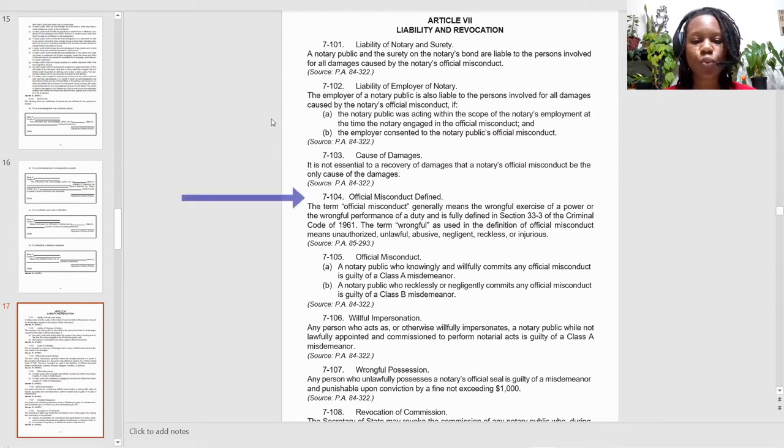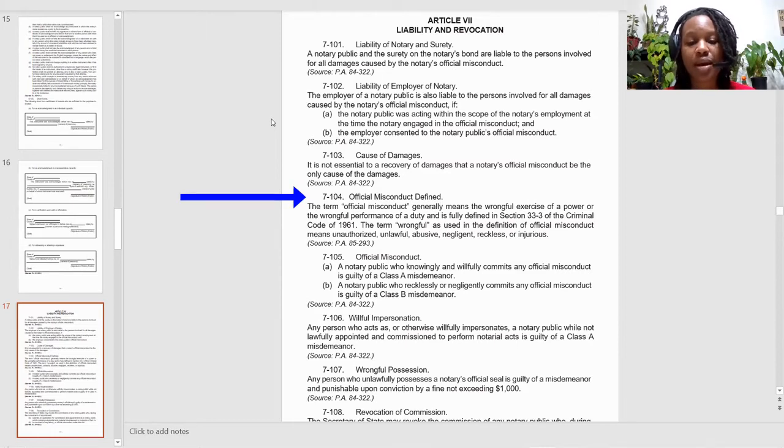Section 7-104, Official Misconduct Defined. The term official misconduct generally means the wrongful exercise of a power or wrongful performance of a duty and is fully defined in Section 33-3 of the Criminal Code of 1961.